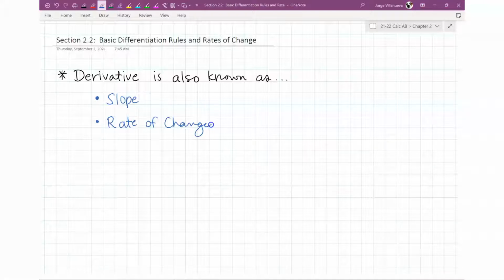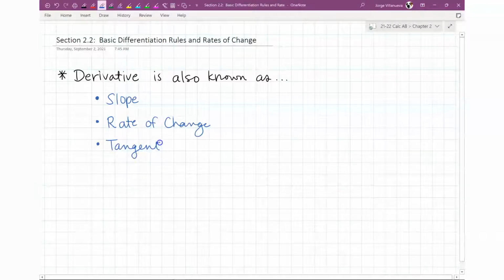Actually, I could even tell you another key word that I just thought of that could probably help you out: whenever you see the word tangent, right? Find the slope of a tangent line. So whenever you see the word tangent, a lot of times people are thinking derivatives, okay? But this is just some of the different ways that we're going to discuss derivatives. You might see different words that mean take a derivative, okay?